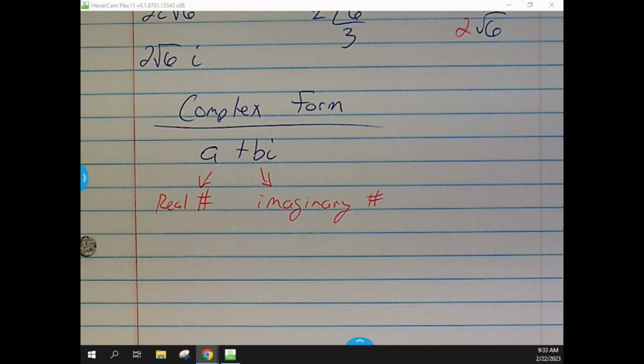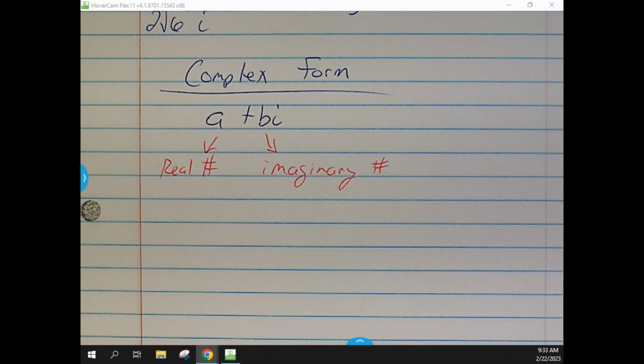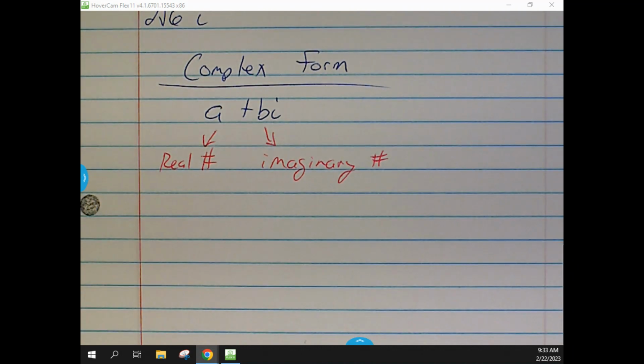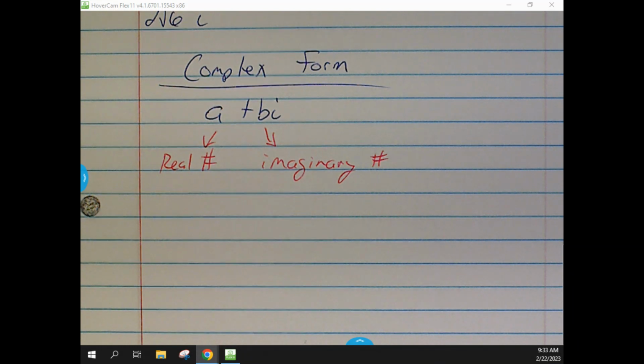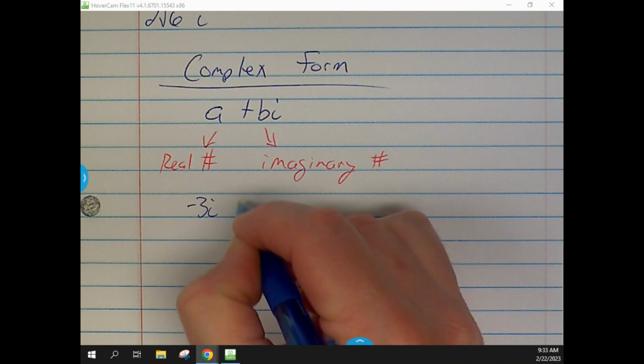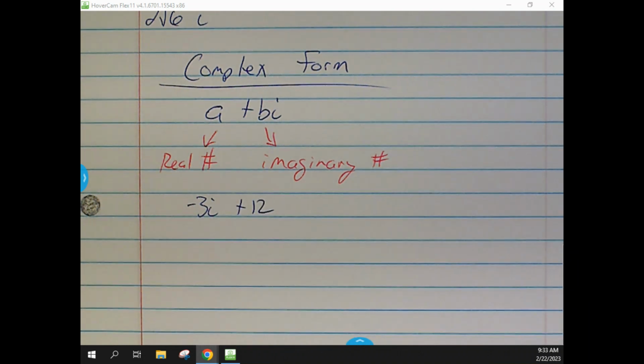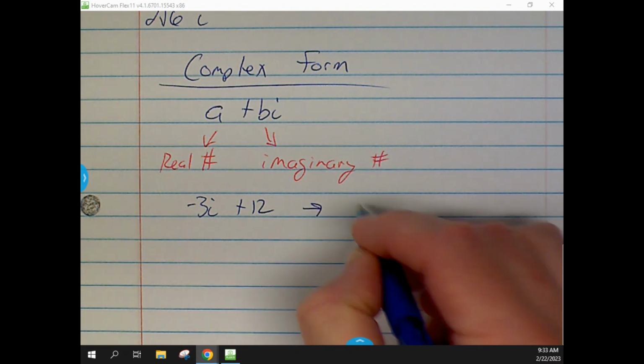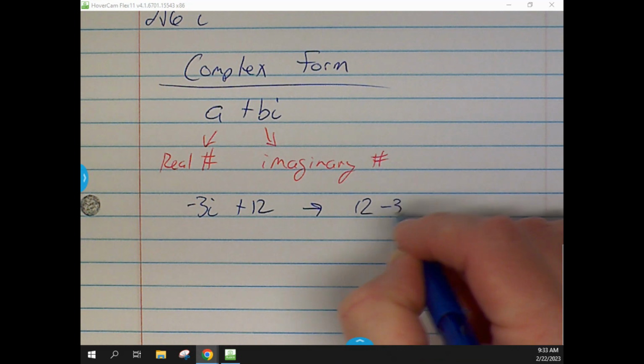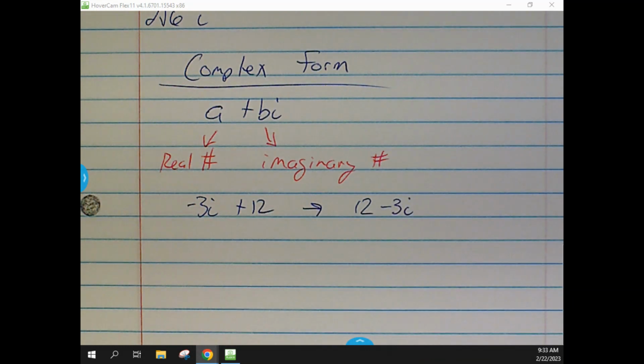It's not a big deal, but a lot of times they want it written a certain way, just like sometimes you want something in standard form, where you start with the highest power of x and work your way down. This is the same thing: if your answer was negative 3i plus 12, technically that's a correct answer, but if they tell you to rewrite it in complex form, you just rearrange the terms and put the 12 first and the minus 3i second.